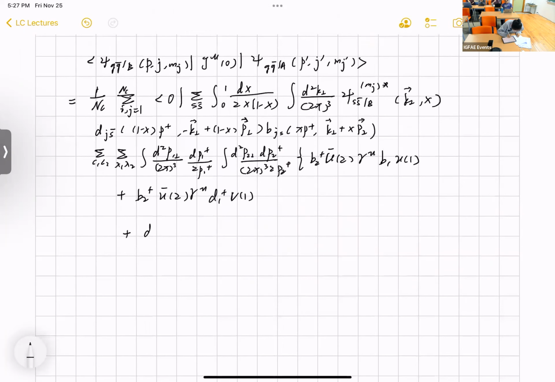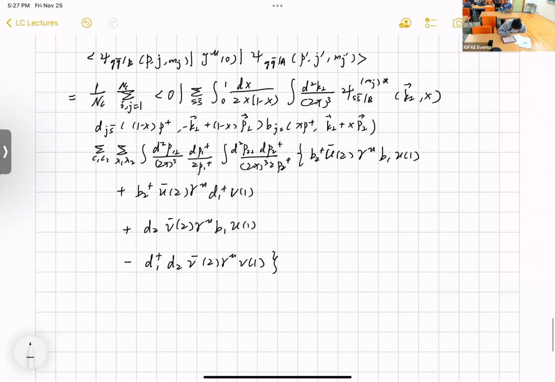In the third term, I have D and B. In the fourth term, since I'm writing it in normal order, I get a negative sign when I put the D dagger in front of D. Okay, now I have finished writing the G mu, and let's complete the expression by writing down the A meson part.